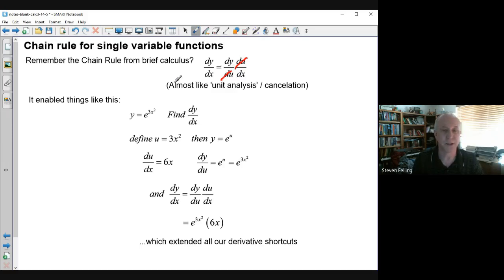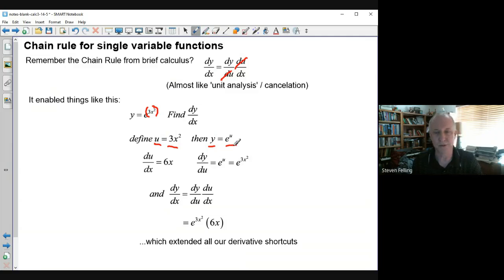It enabled us to take derivatives of y equals e to the 3x squared, because we can find the inside function 3x squared here as u, and then rewrite the function as y equals e to the u. And then if we took the derivative of the inside function, du dx, that would be 6x. And if we took the derivative of the outside function, dy du, that would be e to the u, which is a copy.